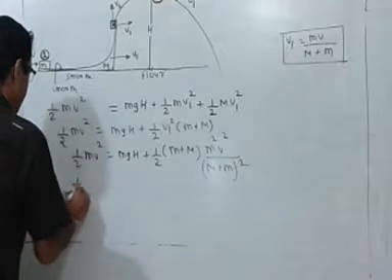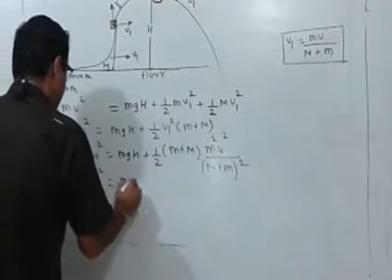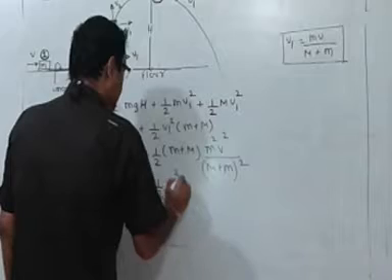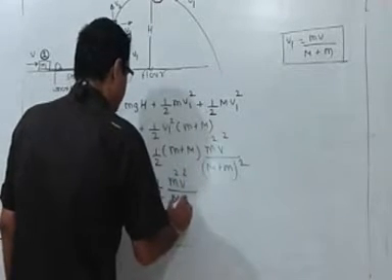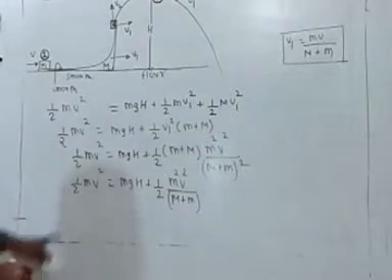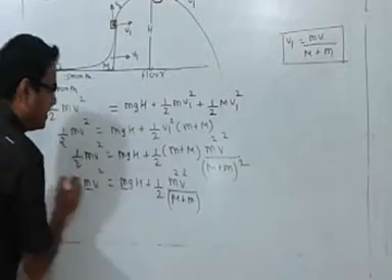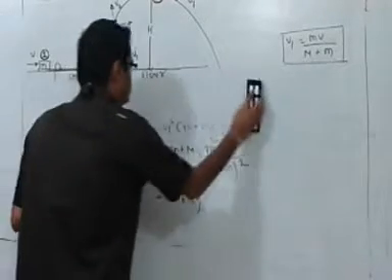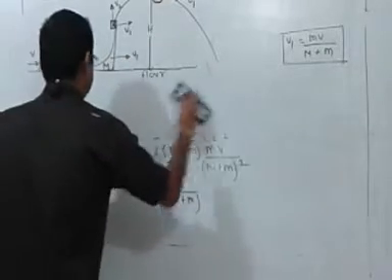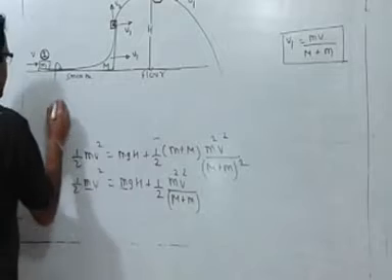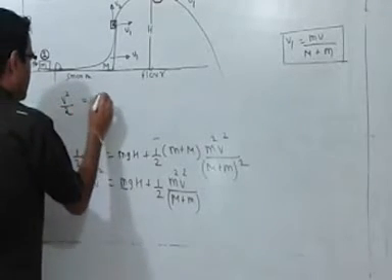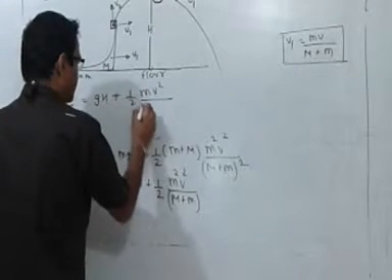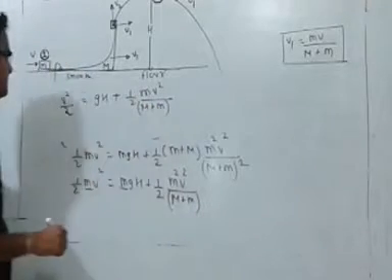That gives me half m v square equal to mgh plus half, m plus M will cancel, m square v square upon m plus M. You can see that one small m will cancel from all these terms, and you will get v square upon 2 is gh plus half m v square upon M plus m.